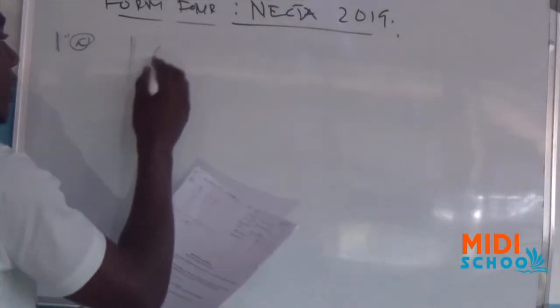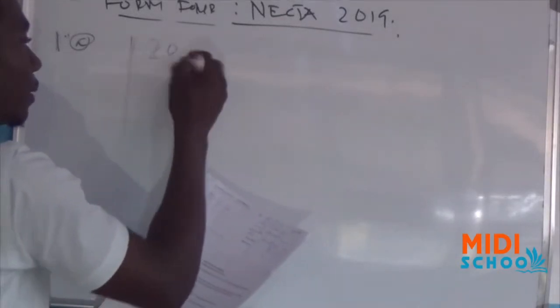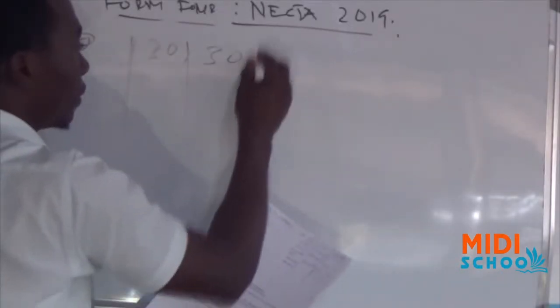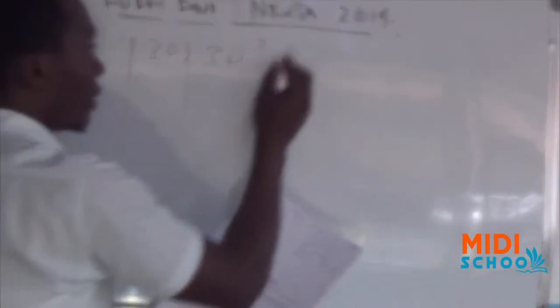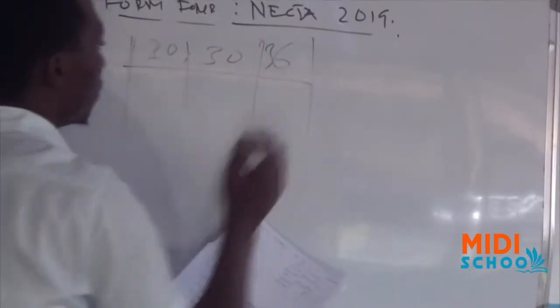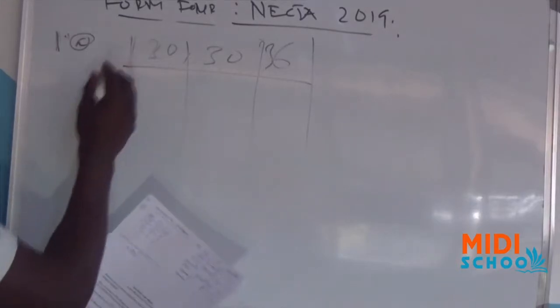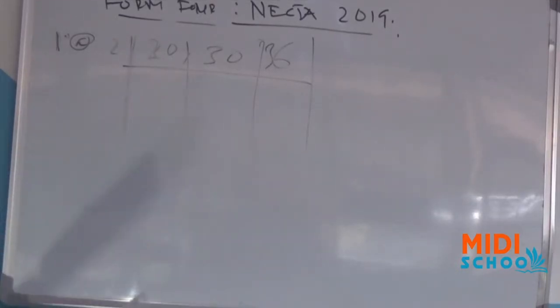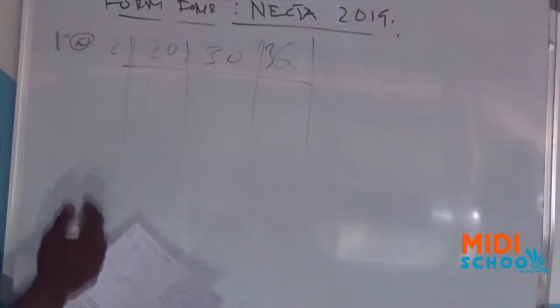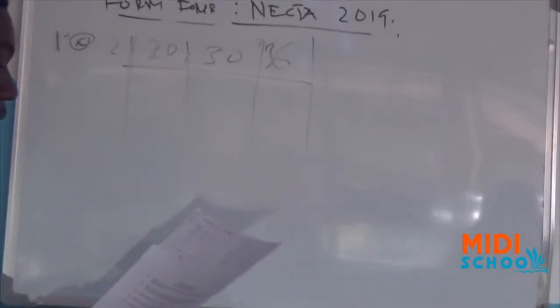So the first was 20, the second one was 30, and the third one was 36. First of all, we divide by 5, since we are just looking for the lowest common multiple of these three.